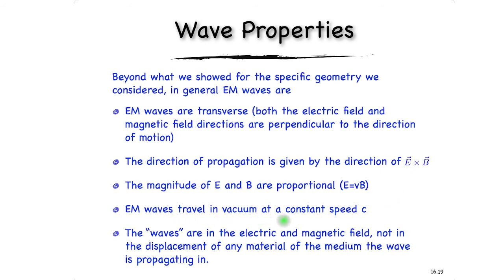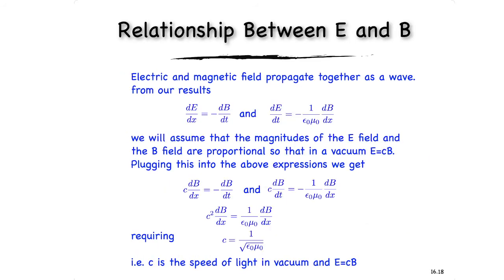In a vacuum, electromagnetic waves travel at a constant speed that we call c. In a material, if we go back to our expression for c, it was 1 over the square root of epsilon naught mu naught. Epsilon naught was the permittivity of free space. Mu naught was the permeability of a vacuum.